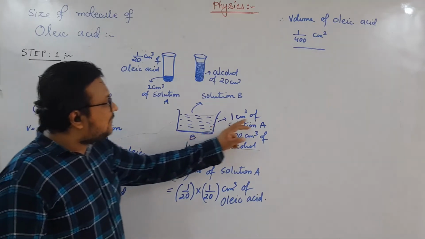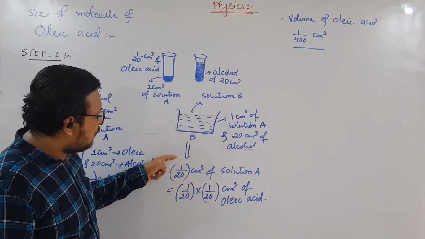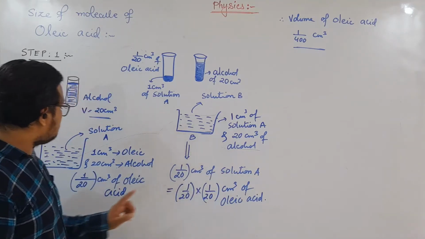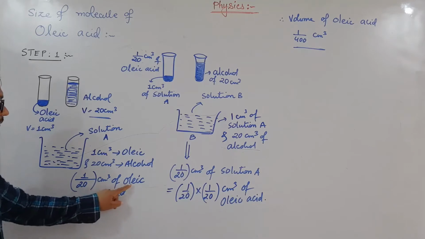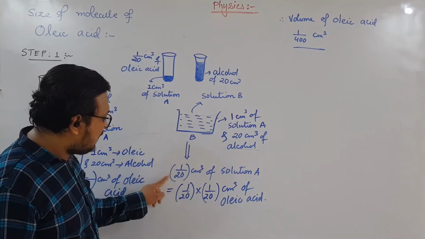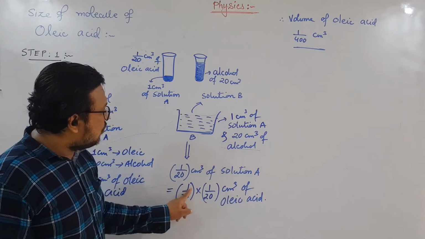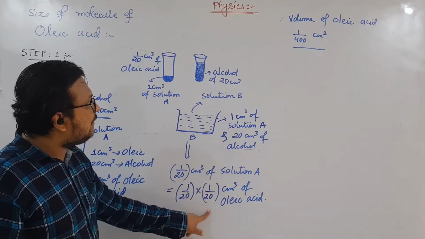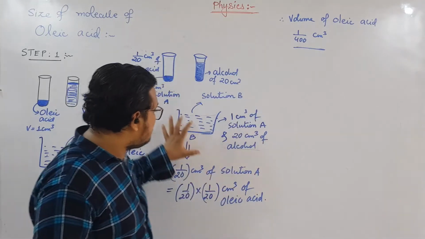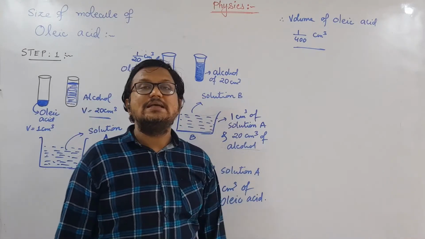So here 1 centimeter cube of solution A and 20 centimeter cube of alcohol gives 1/20 centimeter cube of solution A. Now solution A contains 1/20 centimeter cube of oleic acid. So this is 1/20 into 1/20 centimeter cube of oleic acid. 1 into 1 is 1 and 20 into 20 is 400. So the volume of oleic acid in solution B, in beaker B, is 1/400 centimeter cube.